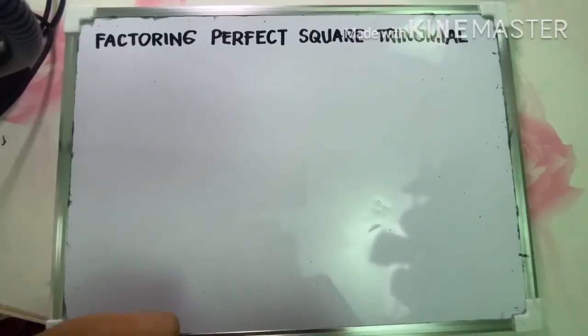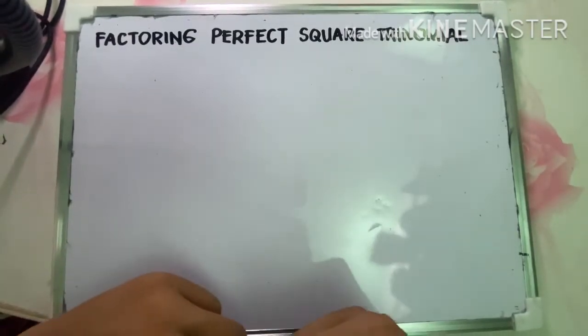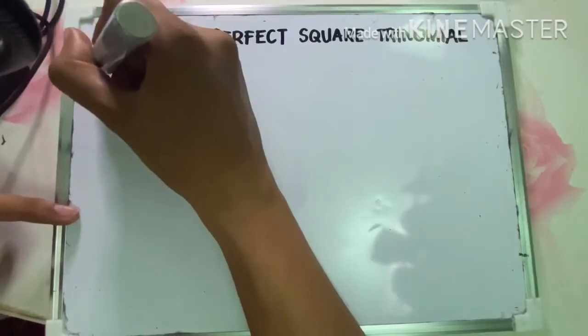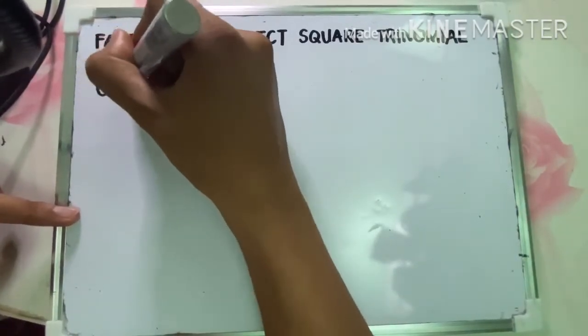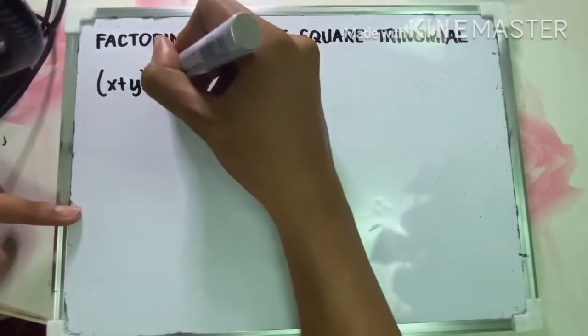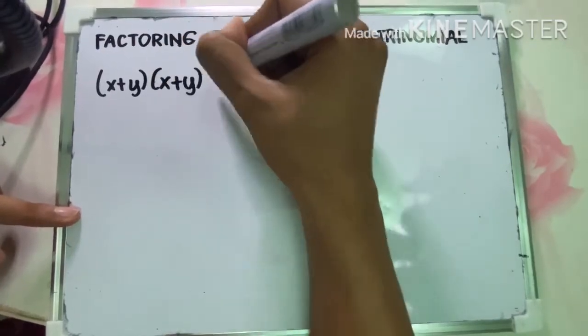Okay, factoring perfect square trinomial. So when can we say that a trinomial is a perfect square? Let's have first this one: the quantity of x plus y times the quantity of x plus y.